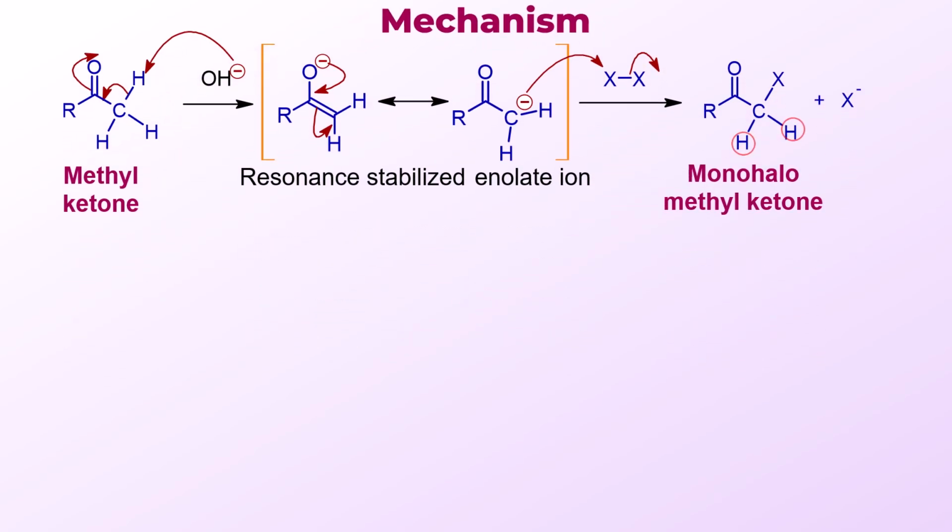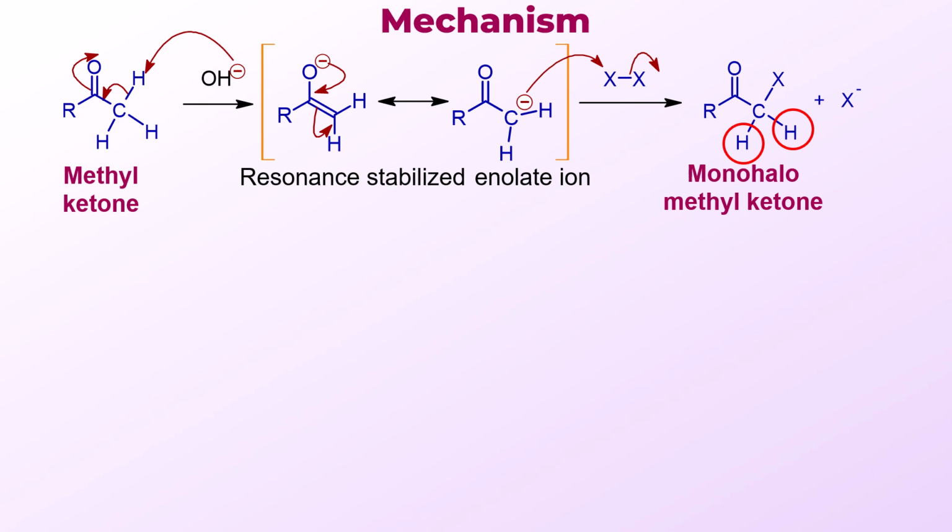The alpha hydrogens on a monohalogenated methyl ketone become even more acidic due to the electronegative halogen on the alpha carbon, which stabilizes the resulting enolate ion.